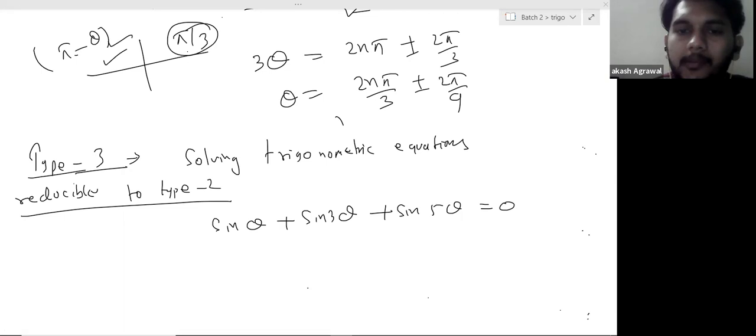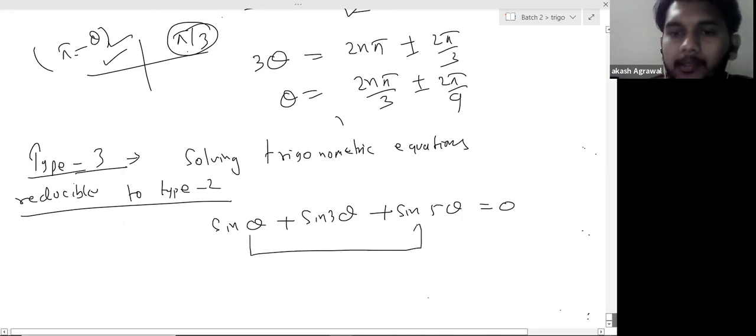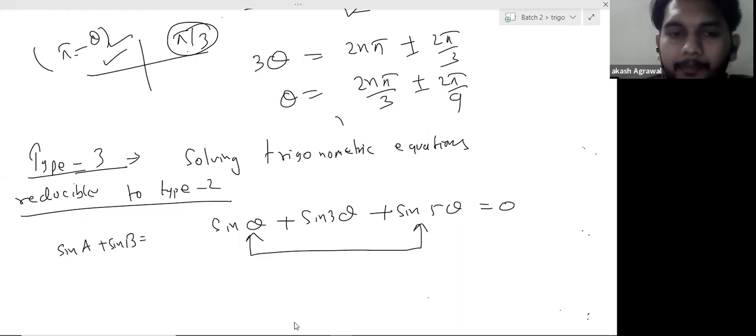So how can we solve this? Take these two angles together, use the sine A plus sine B formula, and try to solve this one. I'll give you a few minutes.